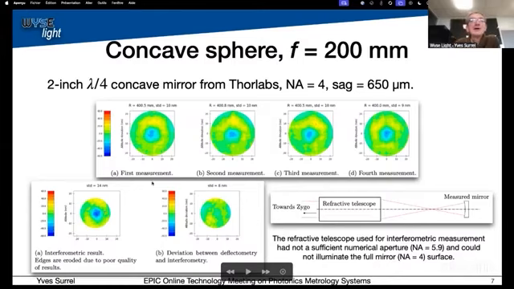And there are 4 different measurements to show the typical repeatability. And with the RMS standard deviation, so our RMS, 10, 10, 10, and 9 nanometers. And for this measurement, we have also a comparison with interferometry that shows a deviation of 8 nanometers.